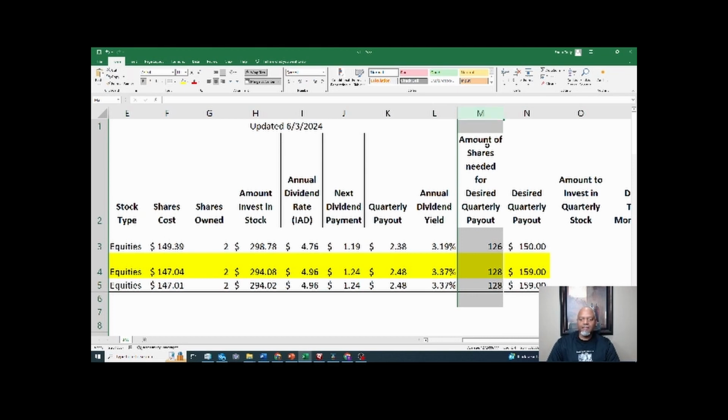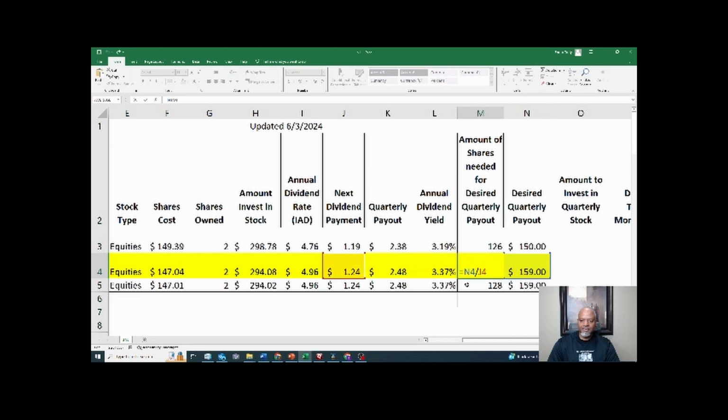This column is the amount of shares you needed for a desired quarterly payout. What that means is, see, N4, which is the dividend payment amount, divided by the desired quarterly payout, meaning how much I want to get every time my dividends are reinvested.